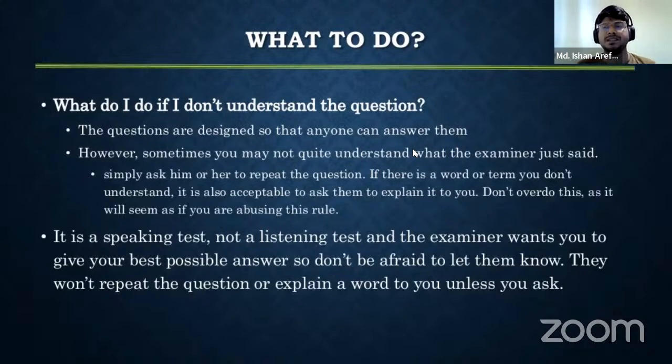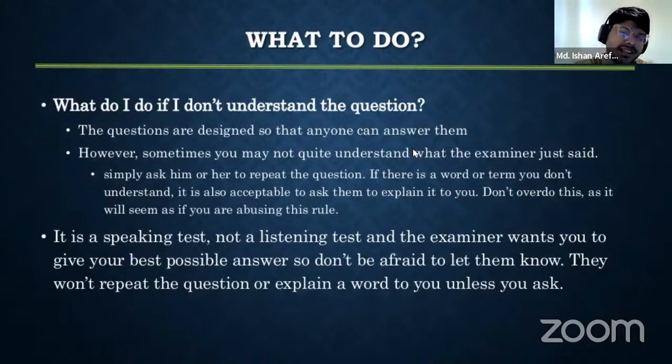Here it is a speaking test, not a listening test, and the examiner wants you to give your best possible answer. Try to give the examiner what you have. In speaking test task 3, try to elaborate the answers as much as possible.